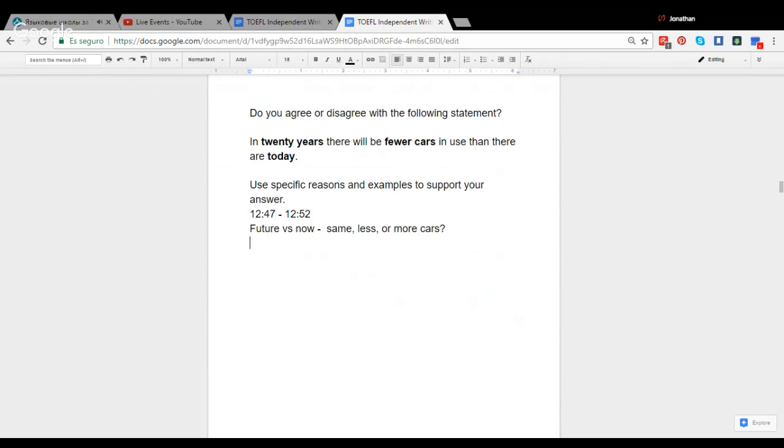Okay, now what do I think here? I think there will be less cars. Okay, so I agree. Why? Well, I think there are things like Uber and I've seen shared ownership and public ownership of temporary use cars.